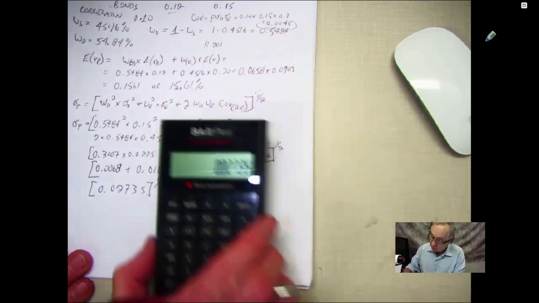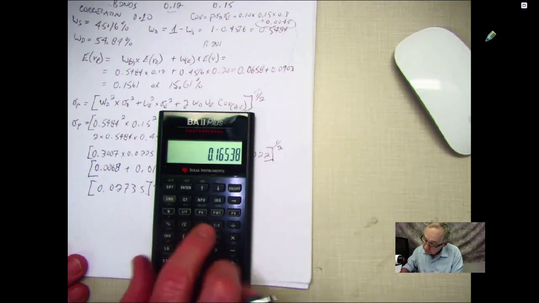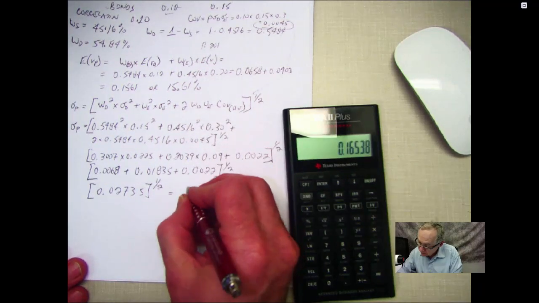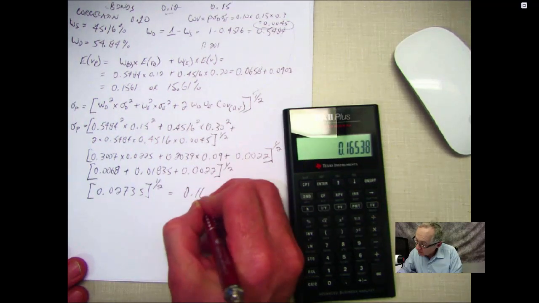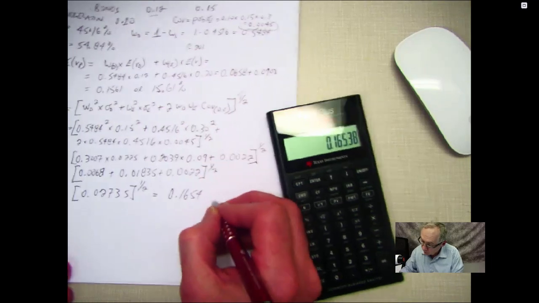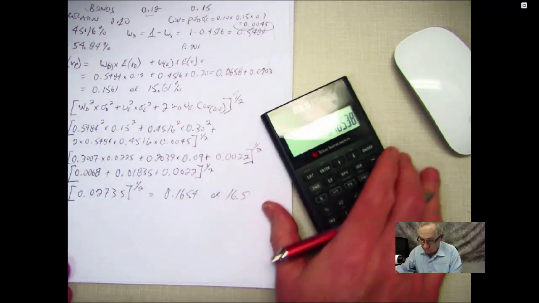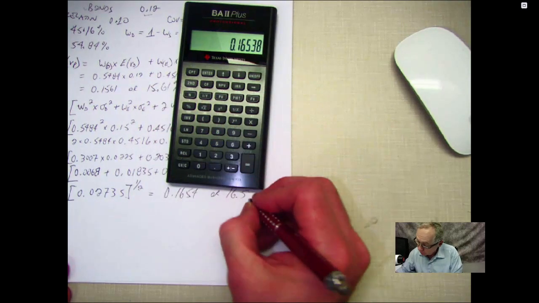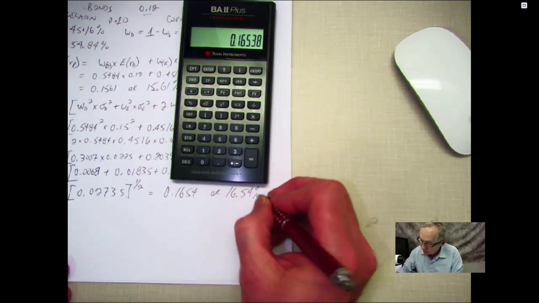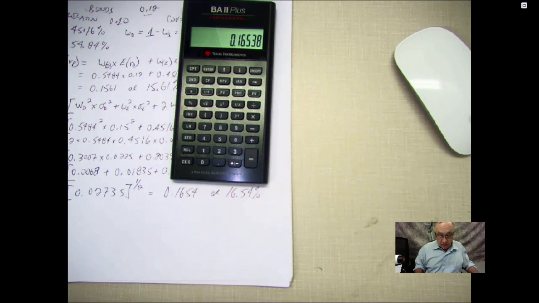So our square root of this is 0.1654 or 16.54%.